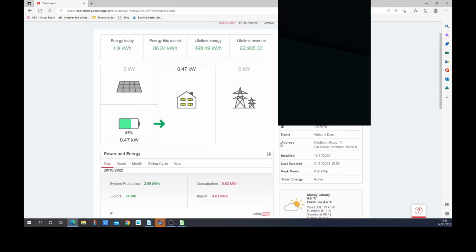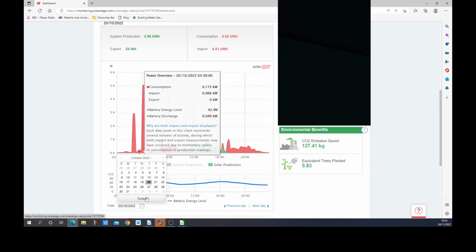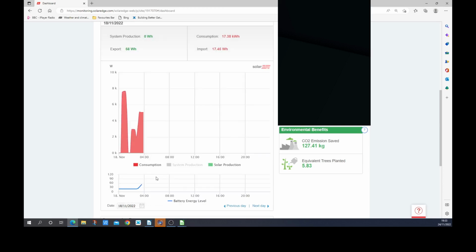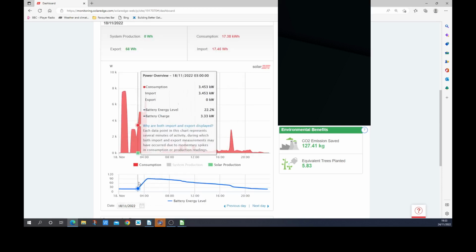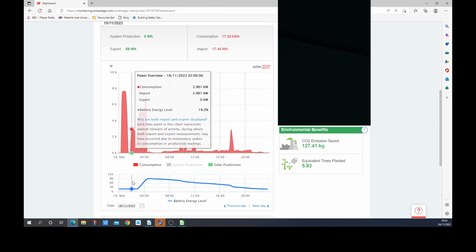And you can see the rest of the daytime, it was a pretty poor day. Now, if we go further into the autumn, let's go into November, Friday the 18th of November. This was the worst day that we've had. What I did was charge up the car early on in the cheap period.